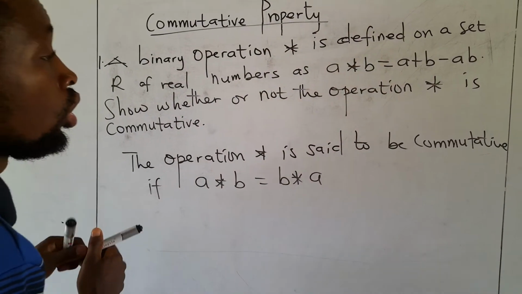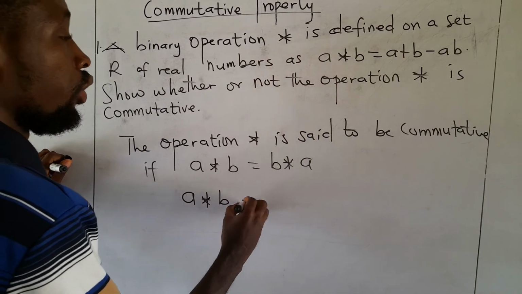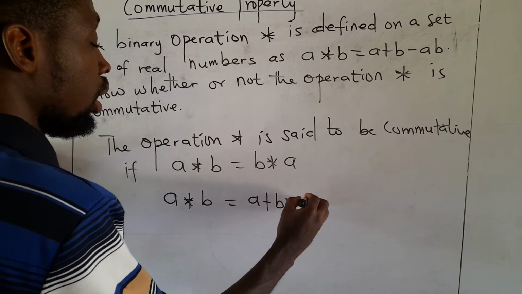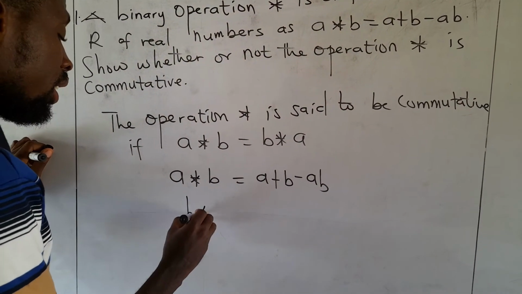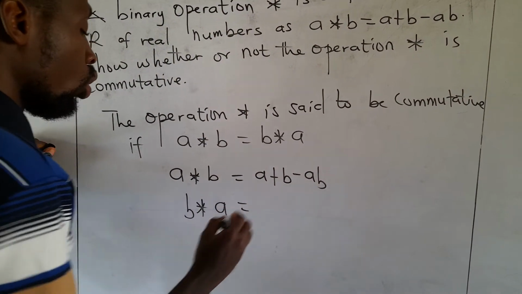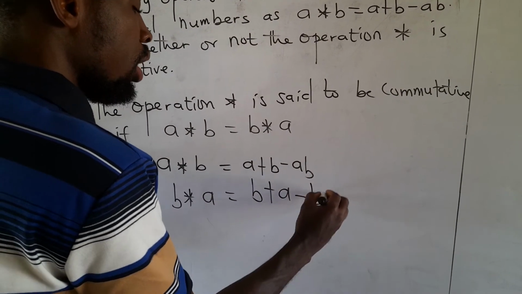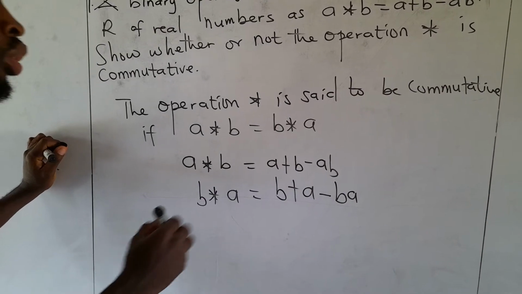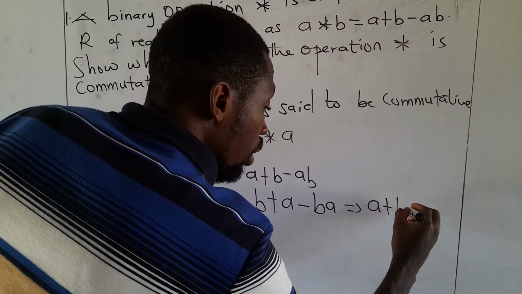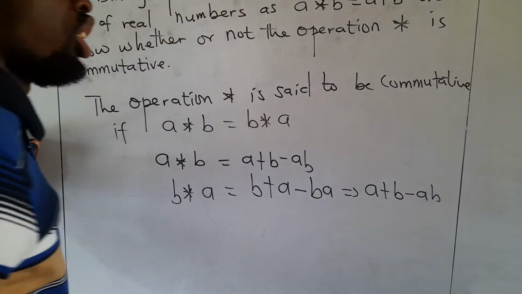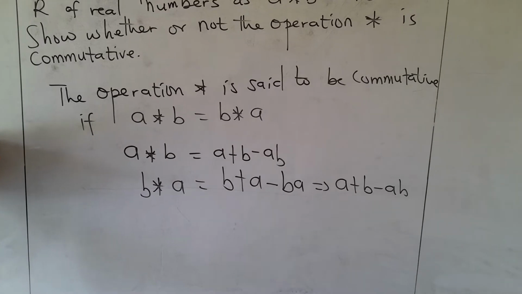So remember, A star B is giving us A plus B minus AB. So our B star A will be equal to B plus A minus BA. We can rewrite this as A plus B minus AB, and it will not change the meaning of the statement or the value of it.